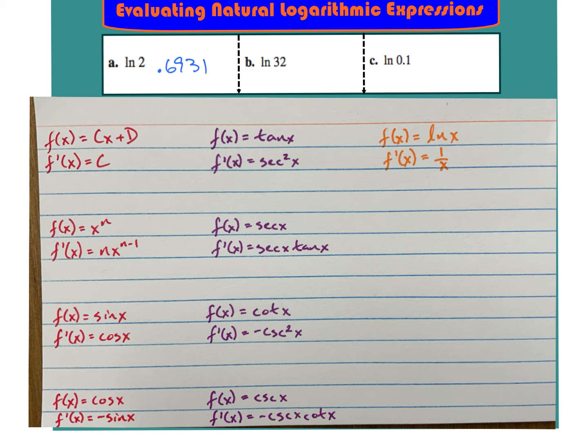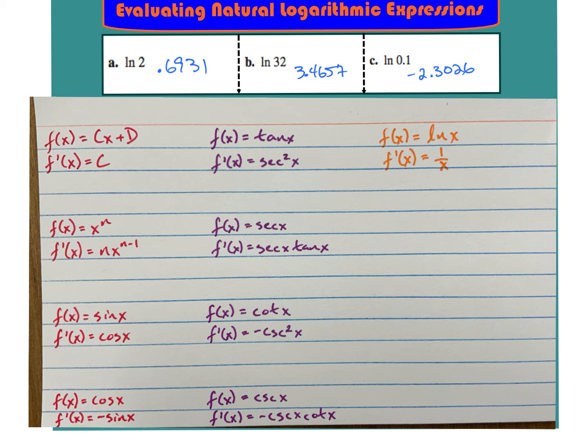What do we get? 3.4657. And then, what's natural log of 0.1? Negative 2.302. Good.